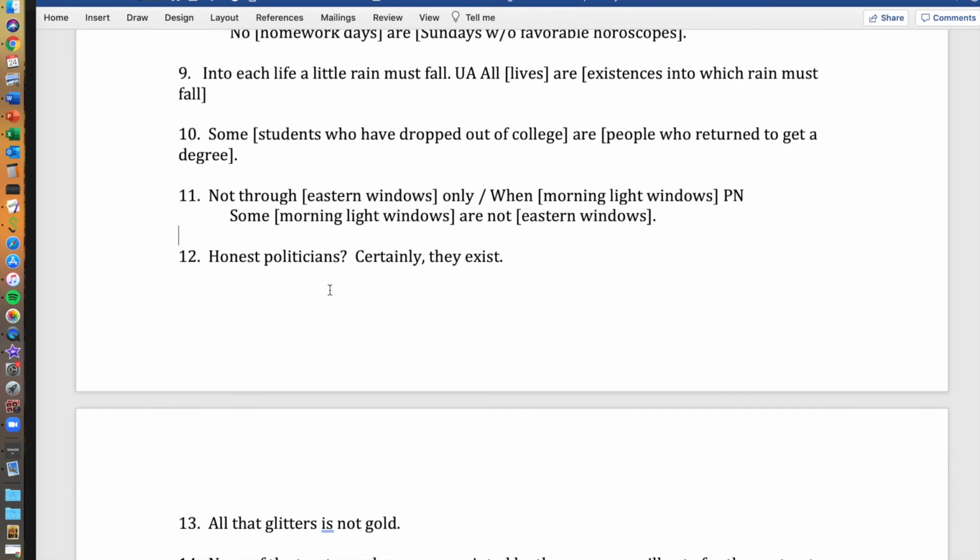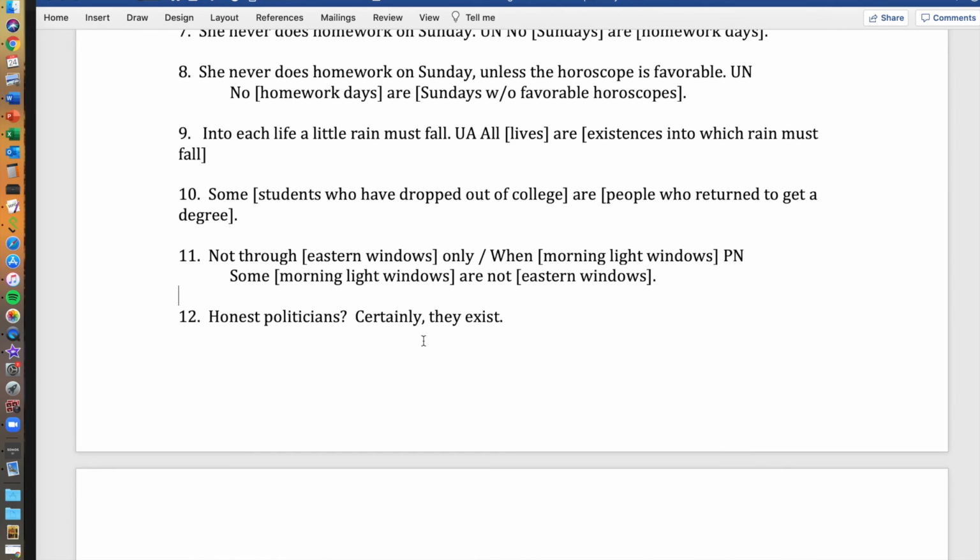Number 12, honest politicians, certainly they exist. So here we have actually two sentences in natural language. We're going to make this into one standard logical form, two-term statement. The first sentence is a question, it says certainly they exist. Who's the they?